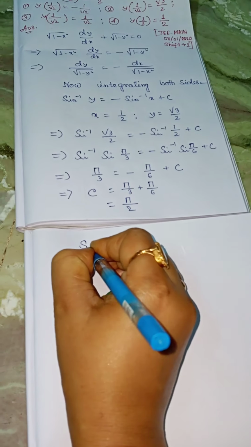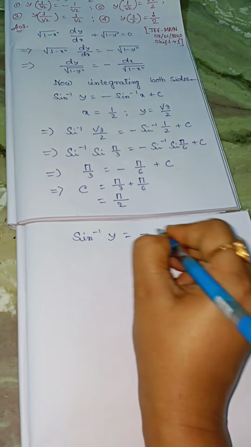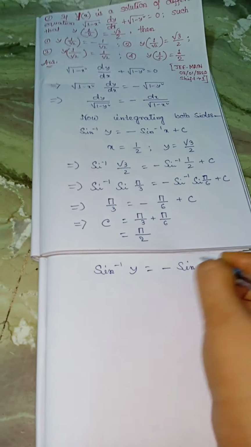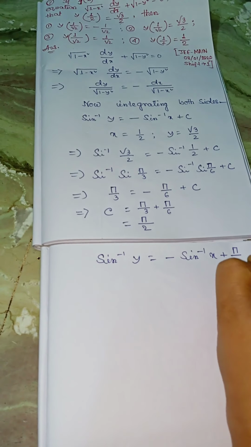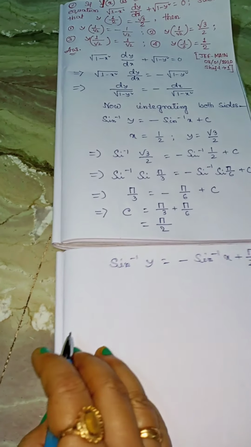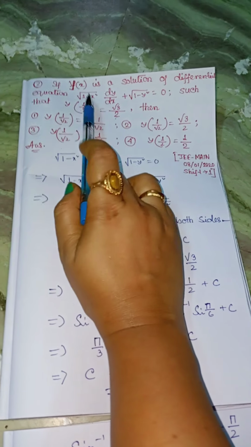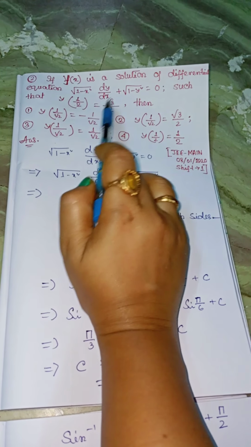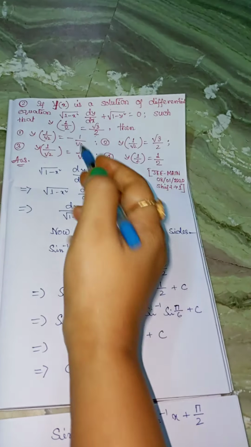Putting the value of c as pi by 2, our main equation becomes sine inverse y is equal to minus sine inverse x plus pi by 2. Now we want to know the y(x) solution of the differential equation.